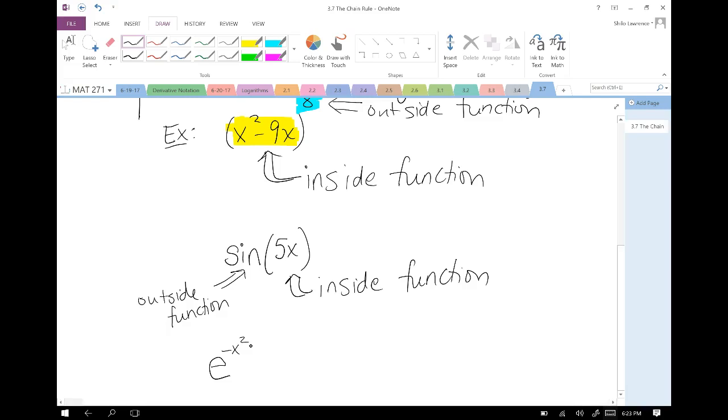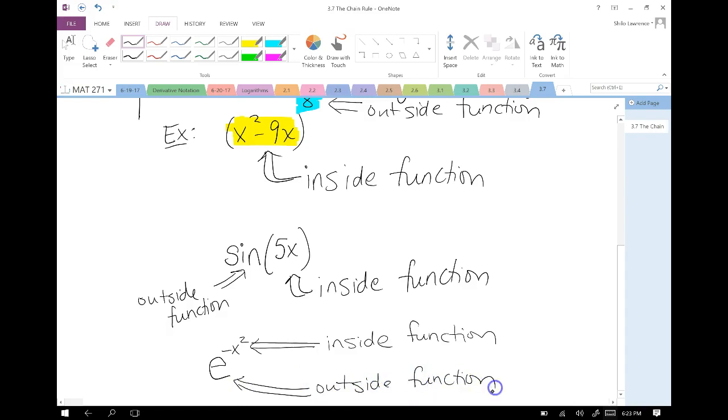But e to the negative x squared is a whole different beast. So the negative x squared is plugged in, so that's our inside function, to the e function. It's plugged into the exponent of an e function. So we say negative x squared is the inside function, and the e is the outside function.